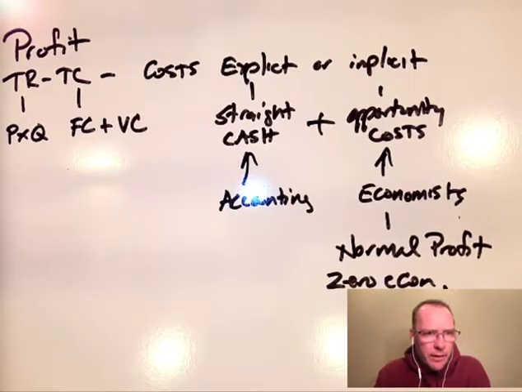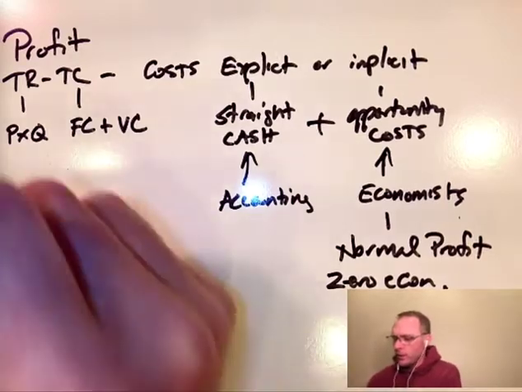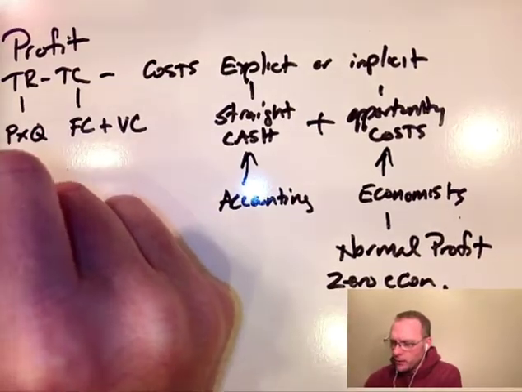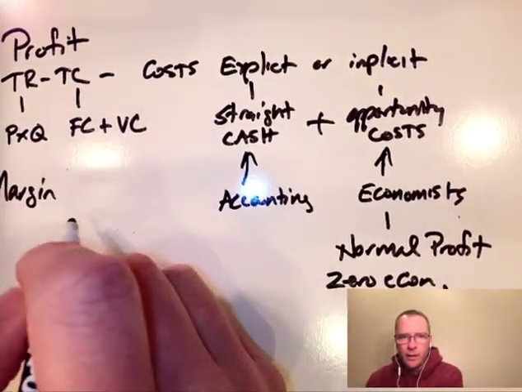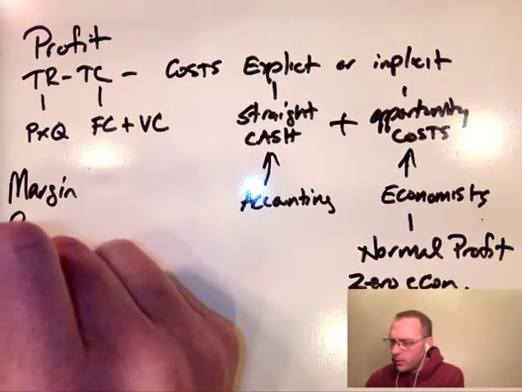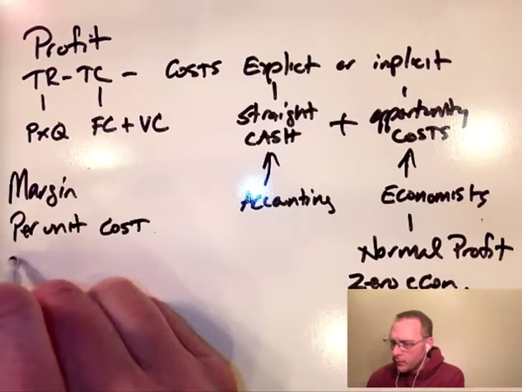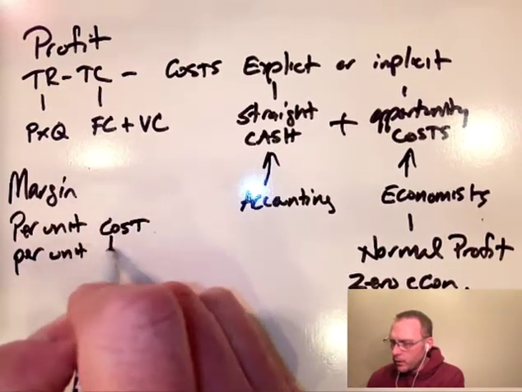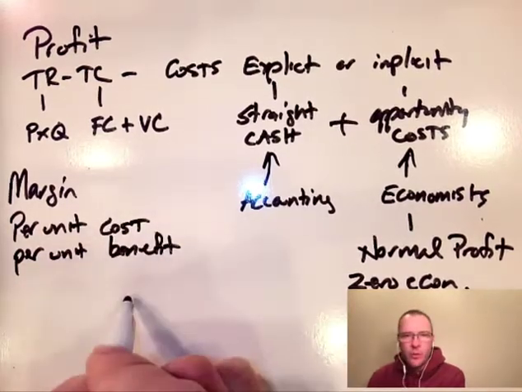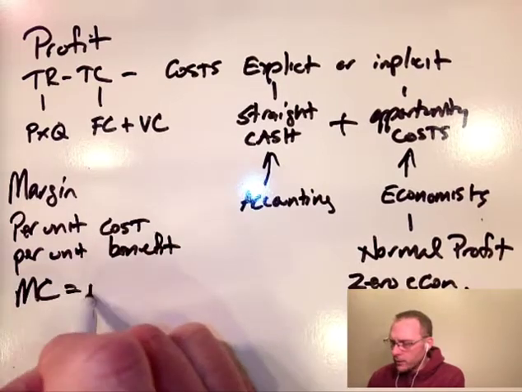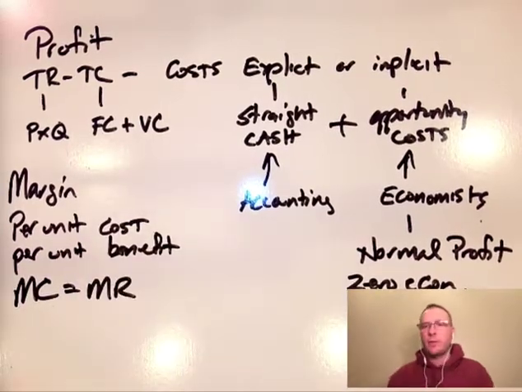Then you went into the next section, which is talking about maximizing profit. As you maximize profit, just remember we're always looking for the margins. So the margin is the per unit, right? What is my per unit cost and my per unit benefit? So really I want my marginal cost to equal my marginal revenue, and that was that unit, right?